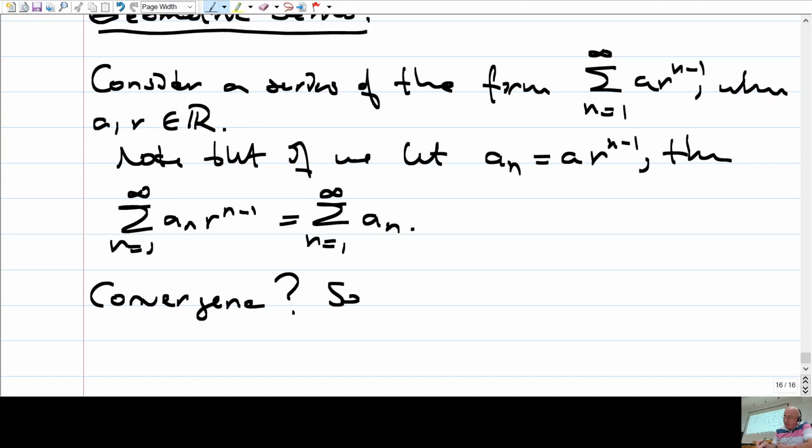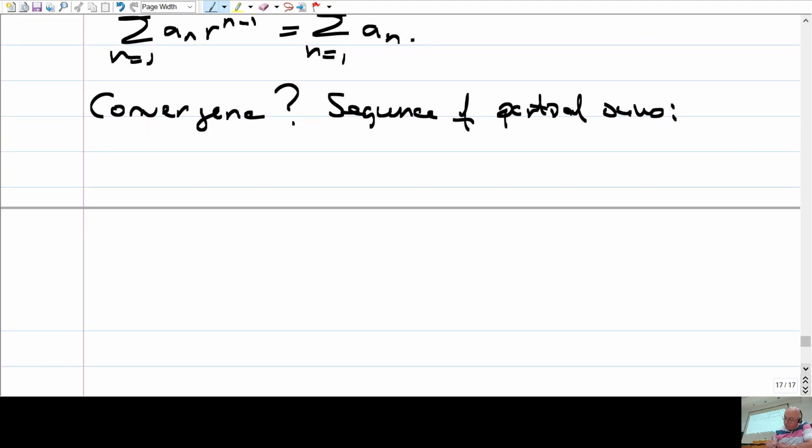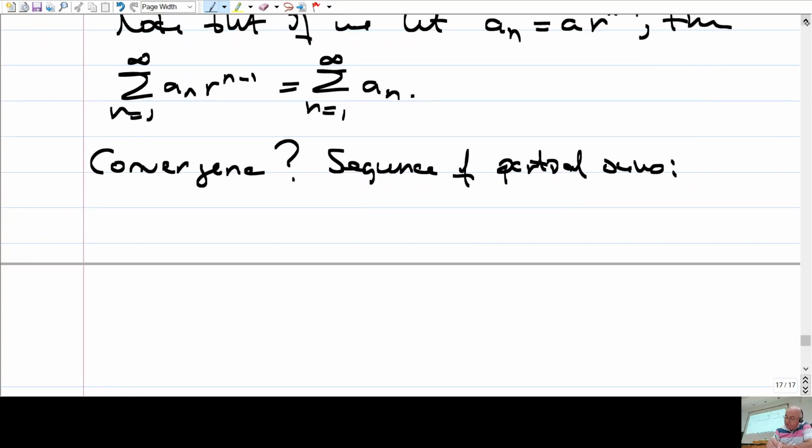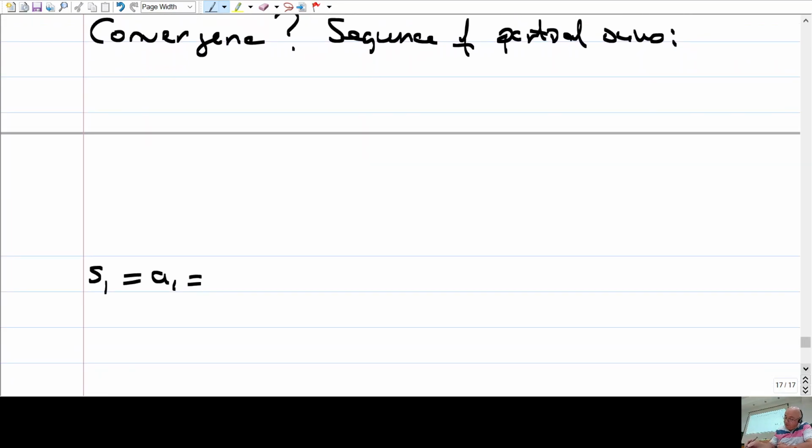S_1 is just a_1, which is a times r to the power 0, which is just a.